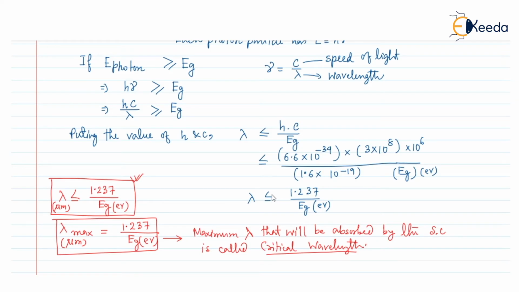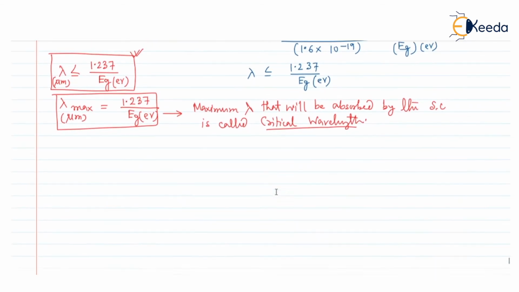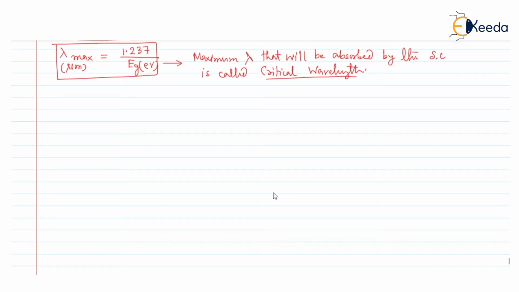So we can write that lambda critical for any semiconductor in micrometers will be equal to 1.37 divided by Eg in electron volts, or approximately 1.24 divided by Eg in electron volts.